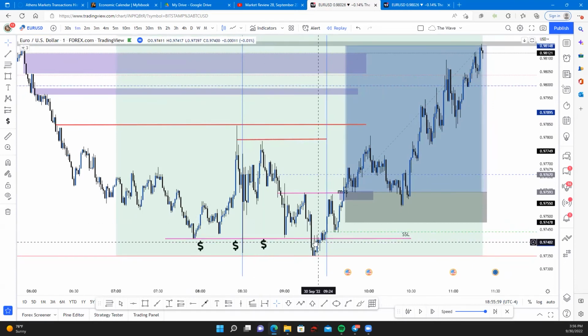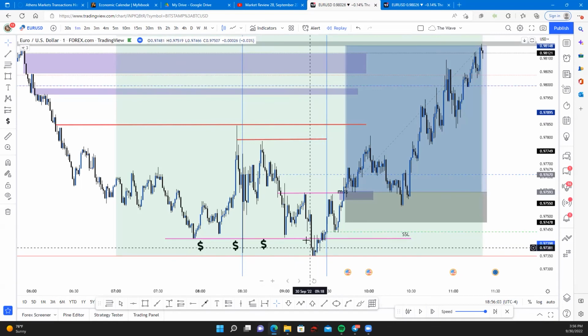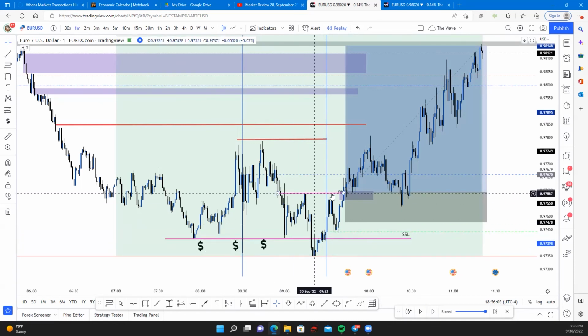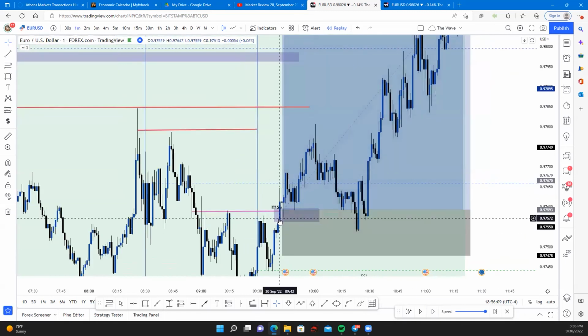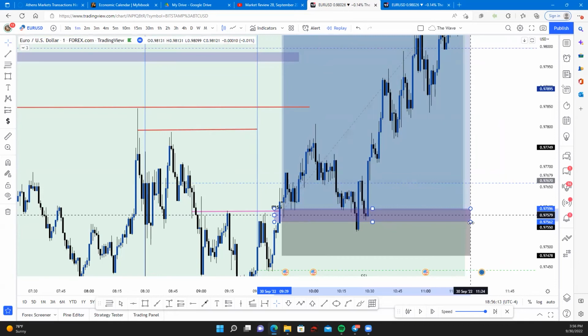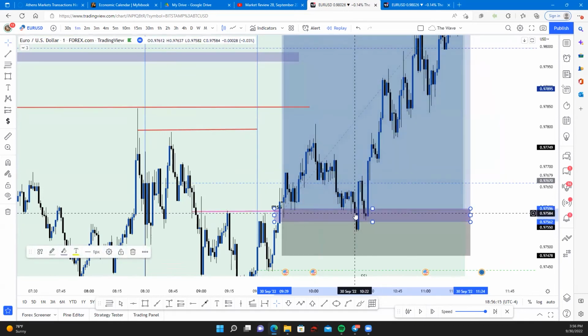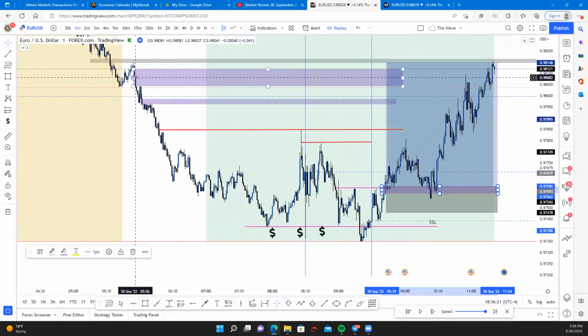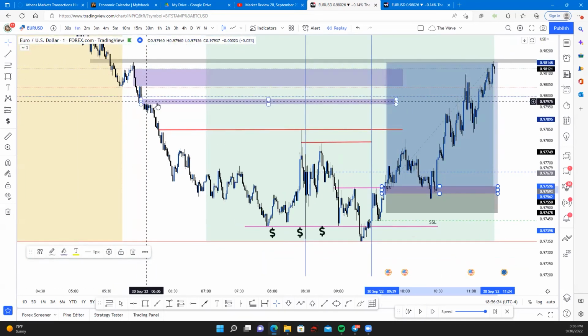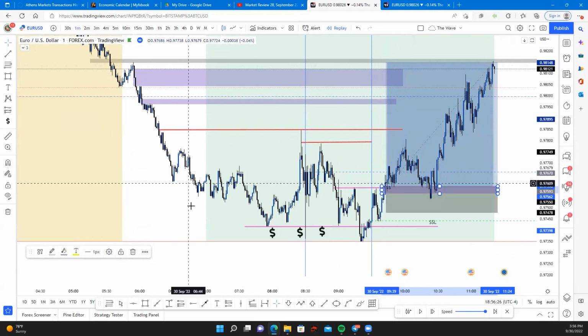We had equal lows being created, liquidity taken out here. Then we have our market structure shift with a displacement or fair value gap. We set our entry or market execution. You could do a buy limit or market execution here, targeting previous areas of imbalances or liquidity as well.